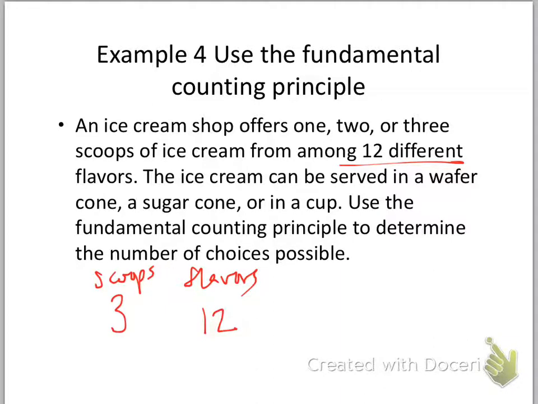The ice cream can be served in a wafer cone, a sugar cone, or in a cup. So those are 3 options. So the fundamental counting principle says I take each one of those possibilities and I multiply them together. So I'm doing 6 times 12. That gives me 72 possible choices. That's a lot for just 12 different flavors of ice cream.